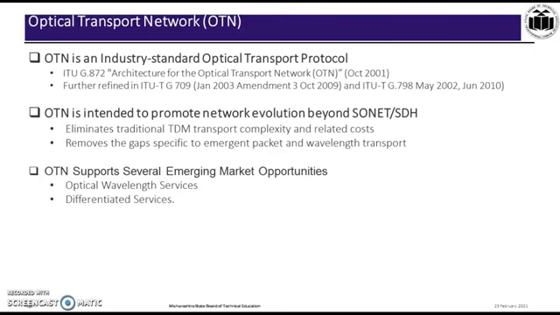OTN is intended to promote the network revolution beyond SONET and SDH. So it eliminates the traditional TDM, that is time division multiplexing, transport complexity and related cost, as well as it removes the gaps specific to emergent packet and wavelength transport. The OTN supports several emerging market opportunities like optical wavelength services and differentiated services.